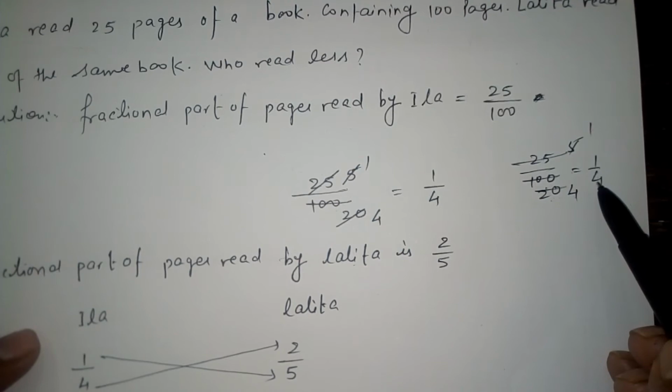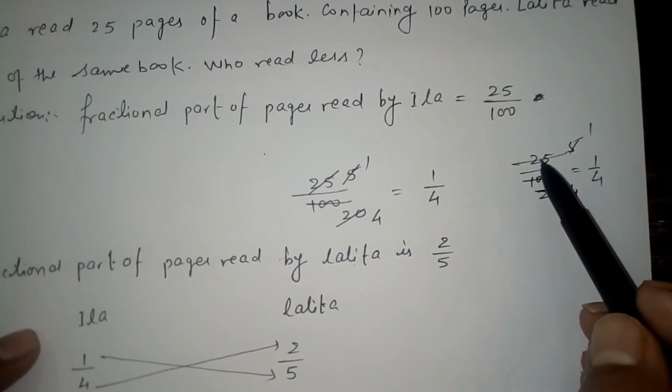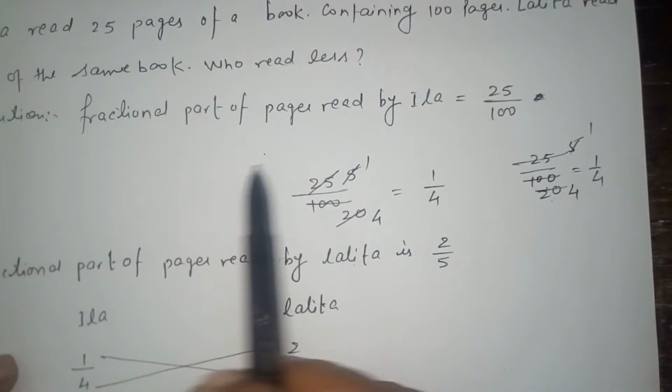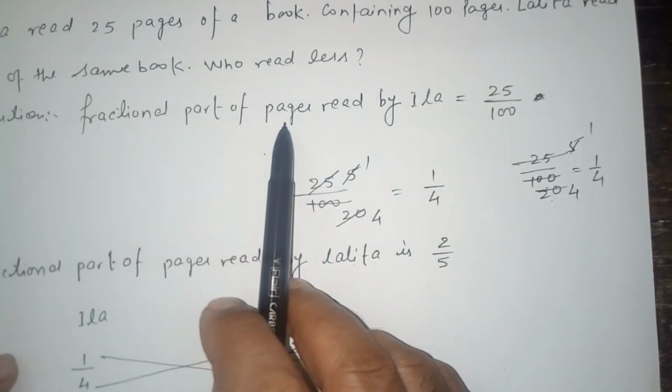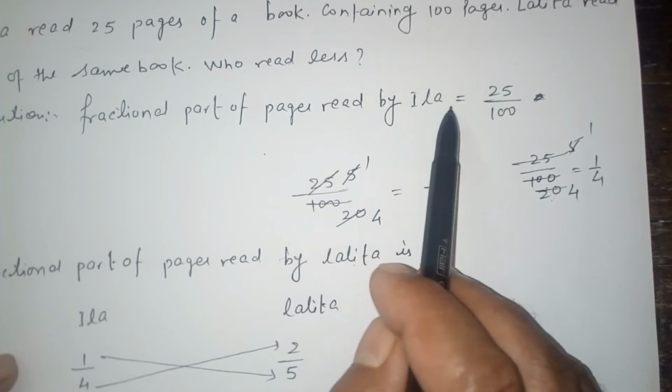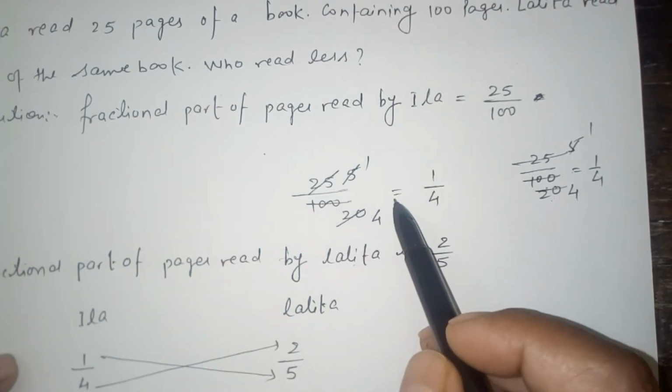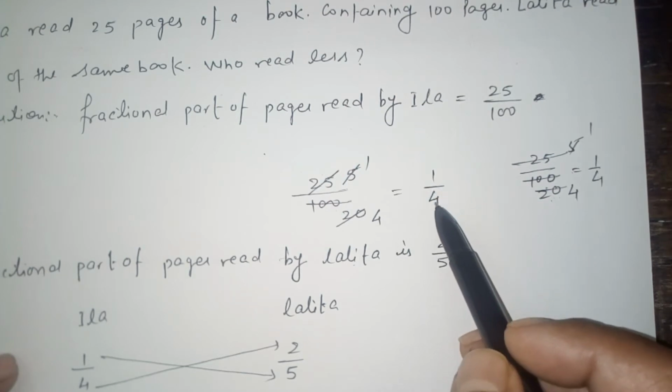The meaning is the fractional part of pages read by Ella, 25 upon 100, is equal to 1 upon 4.